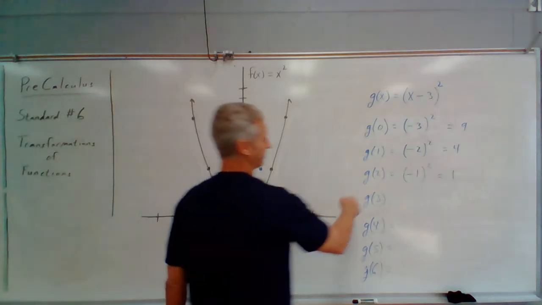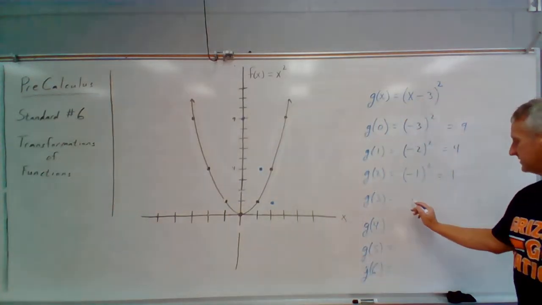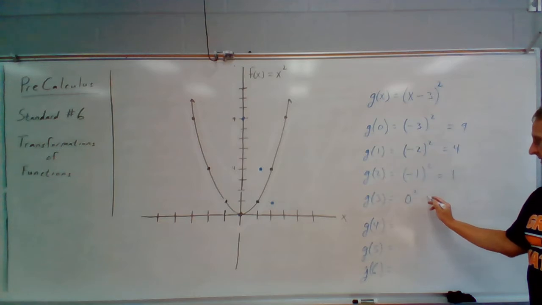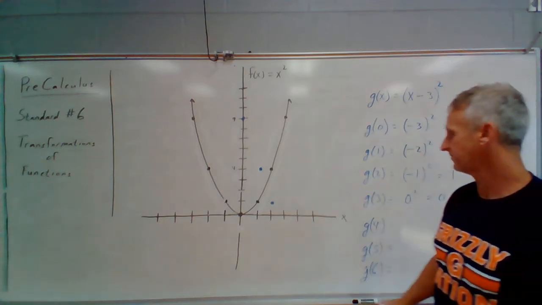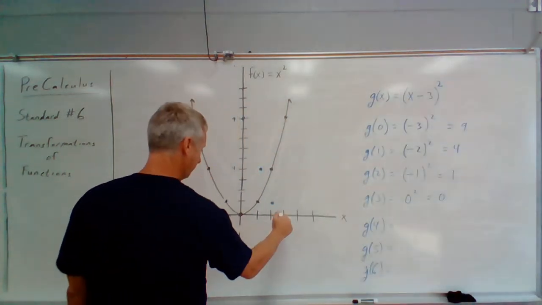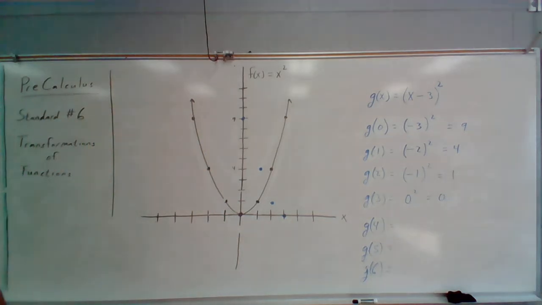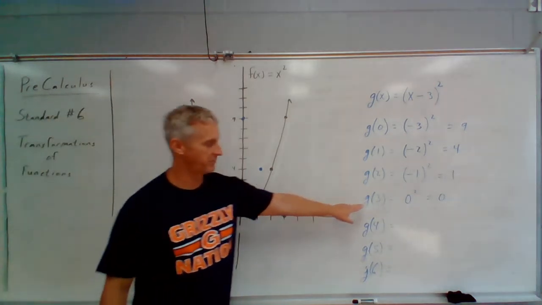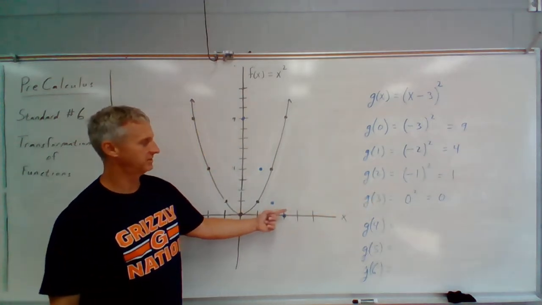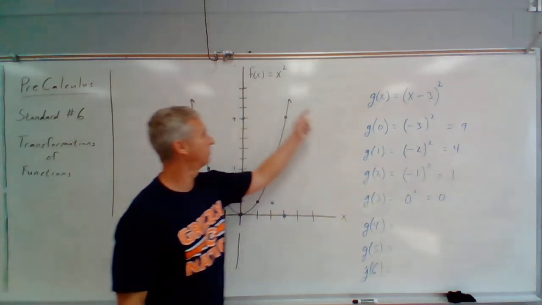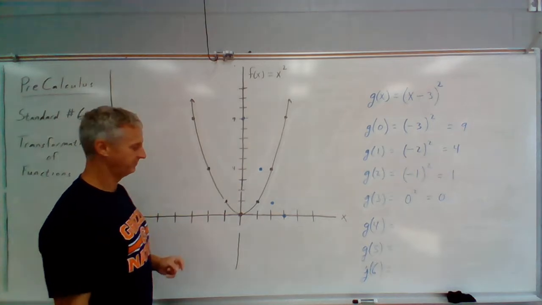Let's do another. Let's plug a 3 in. 3 minus 3 is 0. 0 squared is 0. So I'll plug in a 3, and I get 0. Notice that plugging a 3 into the blue function is the same thing as plugging 0 into the black function.